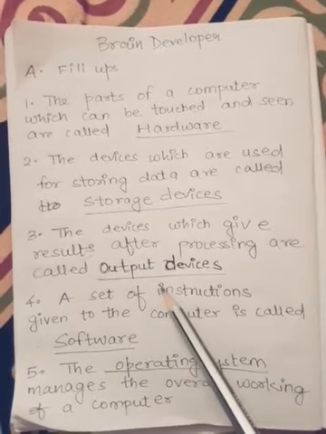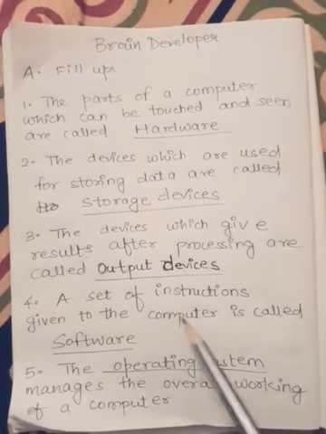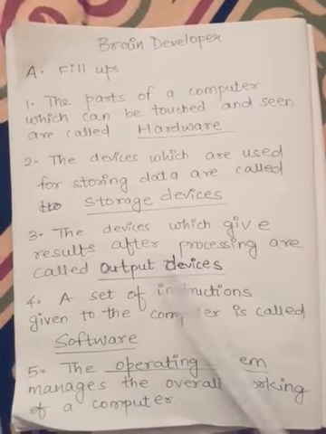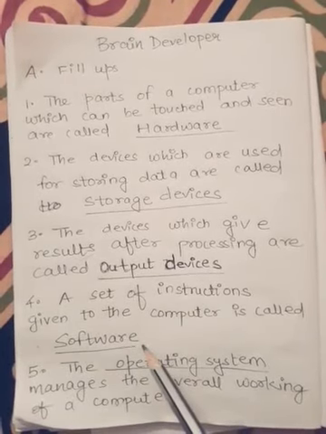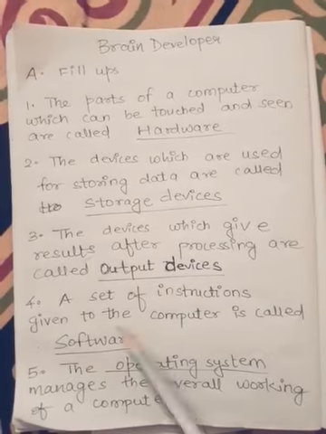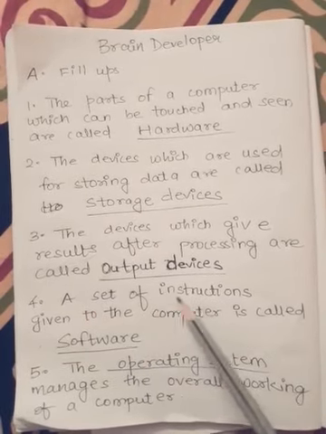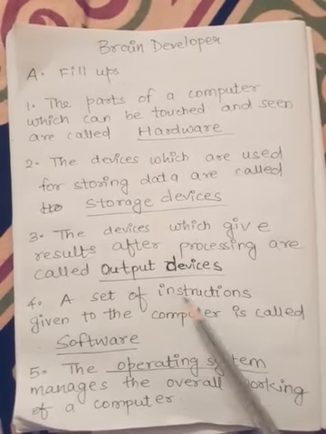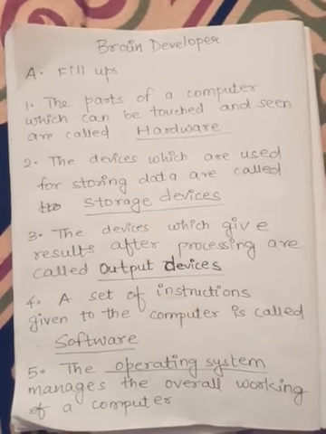A set of instructions given to a computer is called software. In the computer system, software is nothing but a set of instructions, and all these instructions are in the form of different coding.